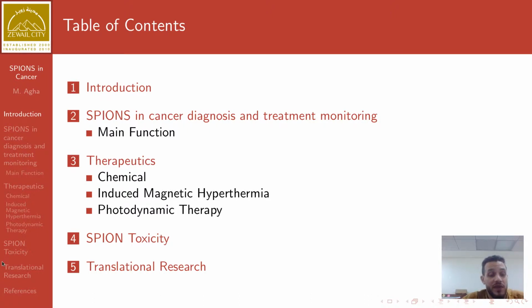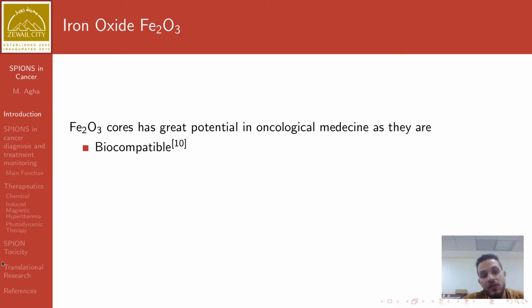We're going to talk about therapeutics, how it is used in therapy. We're going to talk also about the toxicity, the evil side of the SPIONs, and we're going to talk about translational research.